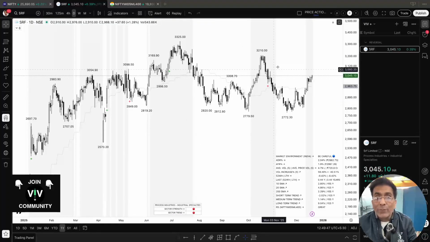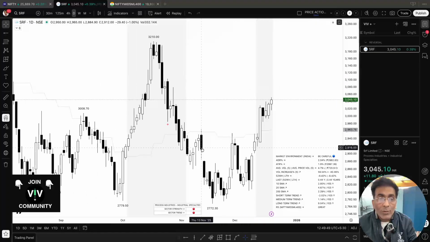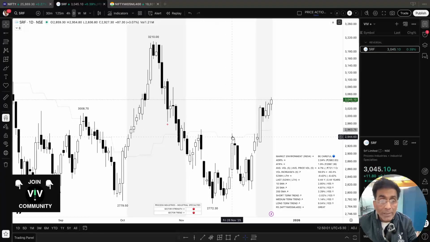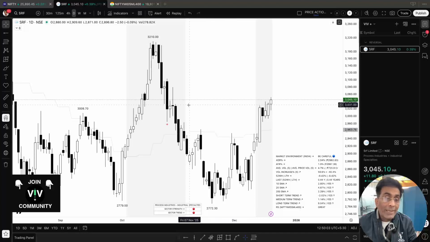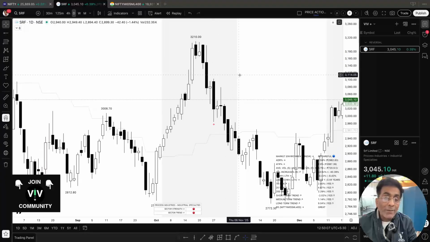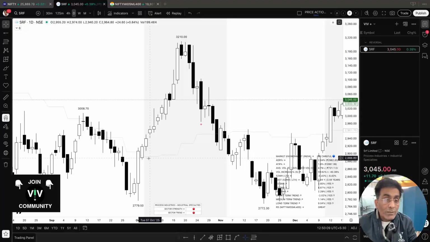But if you see here also, price came near the 10-week moving average, but why did it fail? Because the trend was not changed. Our VIV system didn't come into the buy. Here you can see why this price went up, because this was the low risk entry, the background was changed and price went up.